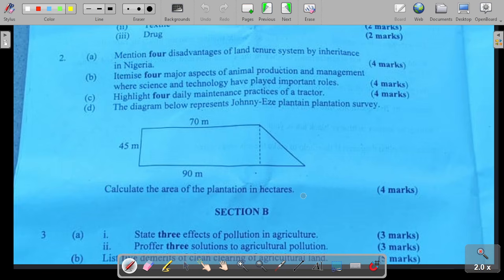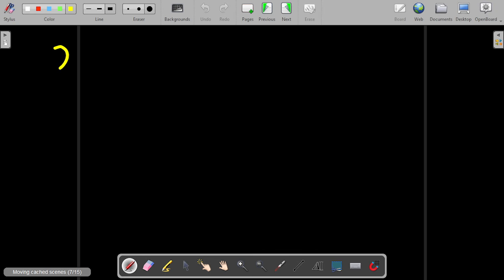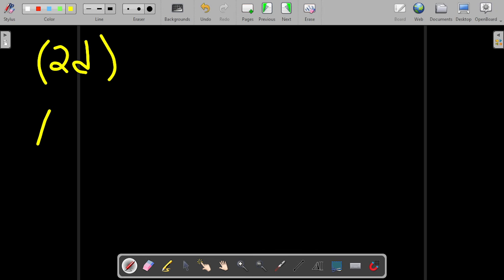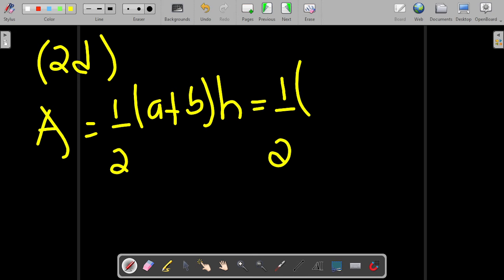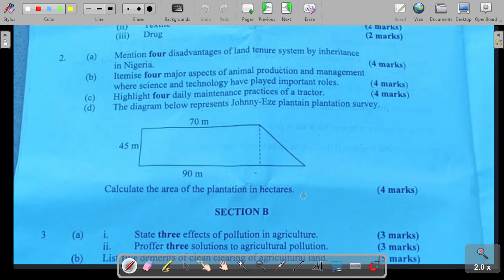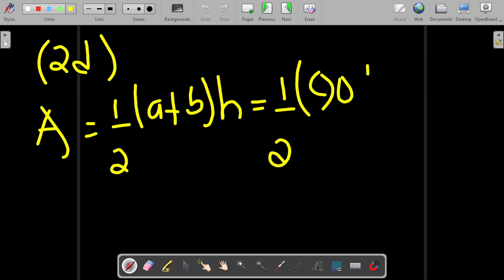Then 2D says calculate the area. This is a trapezoidal shape, so we know the area of a trapezium. Area equals 1 over 2 times (a plus b) times h, which is 1 over 2 into (90 plus 70) times the height, which is 45.